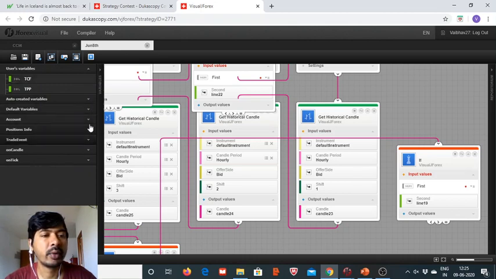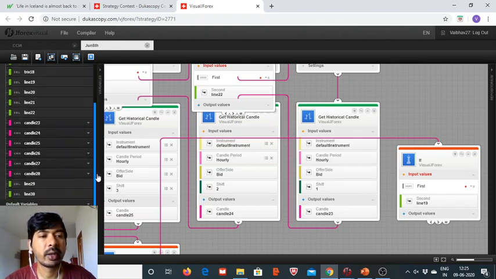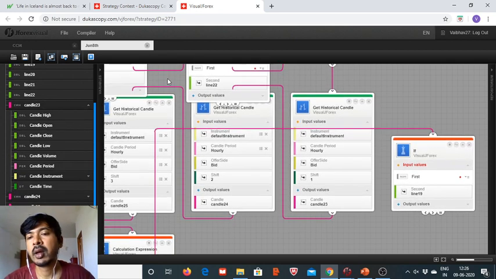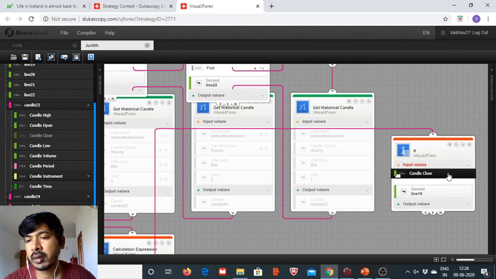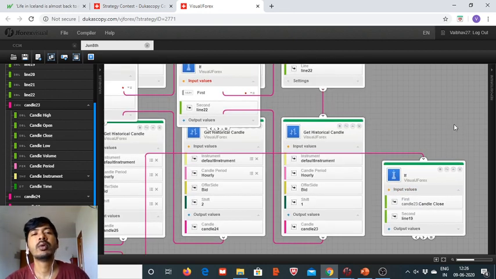So here we now go to auto created variables, and here we have got this candle 23 levels, and the candle 23 is last hour's candle close, so we want it to have closed higher than the last hour's TSF value.